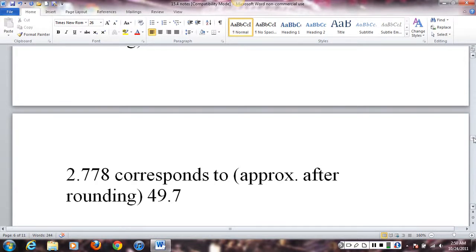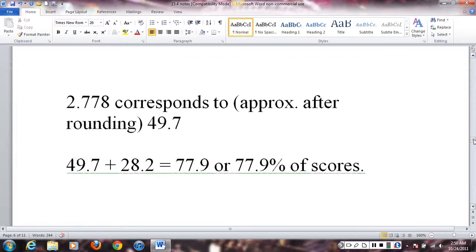So when we want the area between them, what that means is we're going to add. 49.7 plus 28.2 gives us 77.9, or in this case 77.9% of the scores fall between those two values. So in context, between the scores of 69 and 85, between those two student scores, you have almost 78% of all scores.